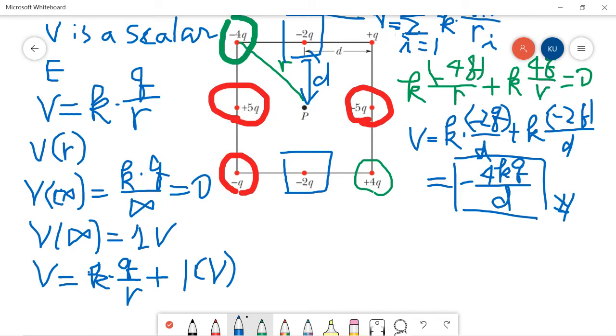So actually, 1 is a constant. So when we take the derivative of a constant, then it will be 0. So it doesn't really matter. It will not change the electric field at any point. It is only a constant, just moving up or down.